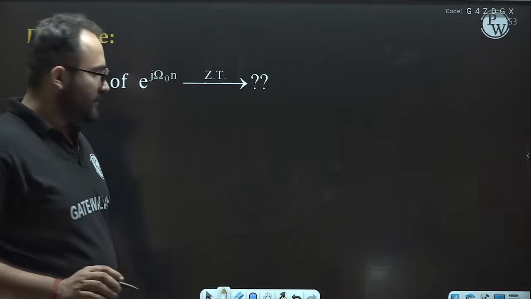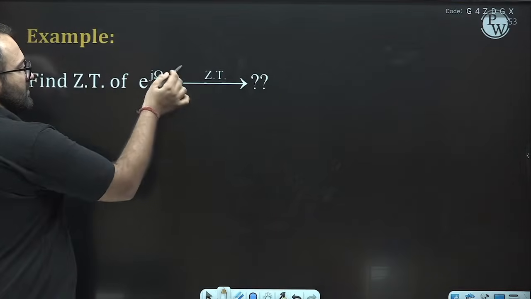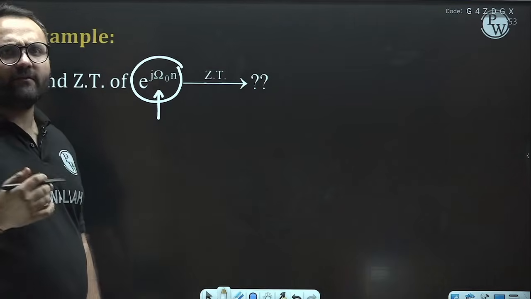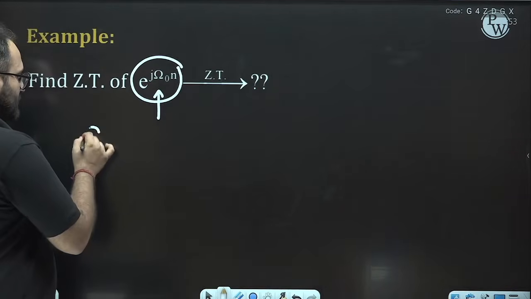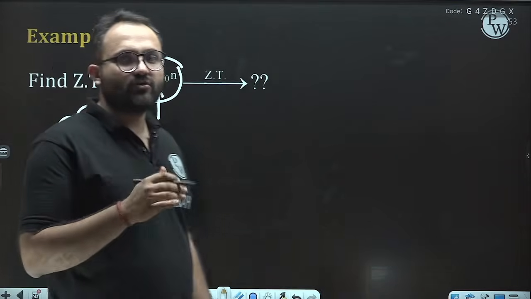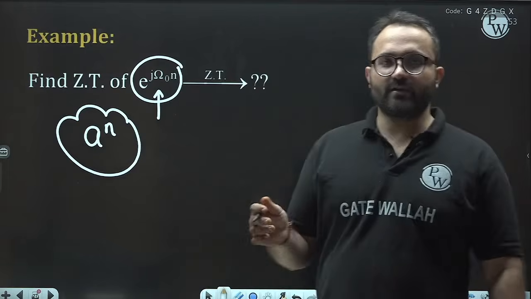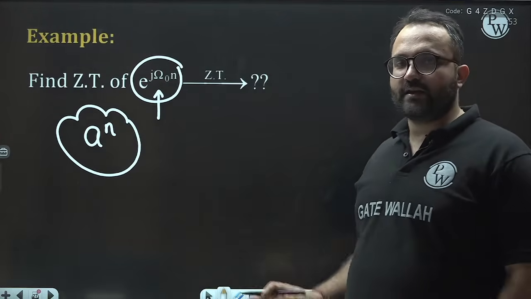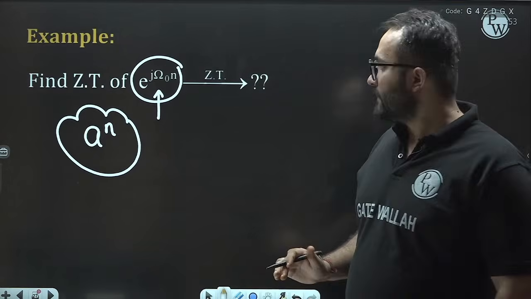Okay. Now we have seen that this type of signal, e to power sigma naught n, or a to power n, signals which do not have any u[n] or u[-n-1], means this is a signal which is from minus infinity to infinity, a to power n. A can be any constant.